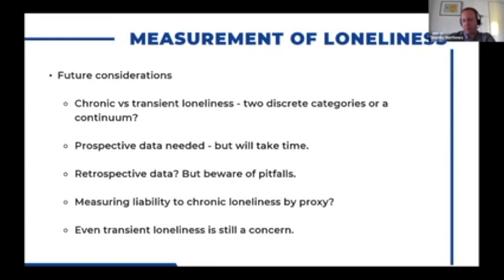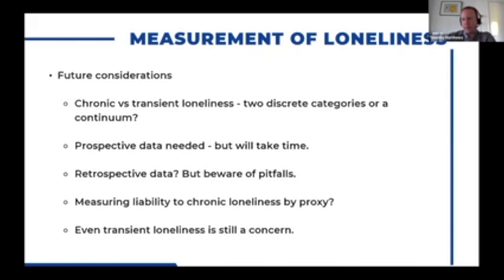And one reason we might want to avoid that is because regardless of where we draw that threshold, loneliness experienced for, say, a month or a year is going to look different from loneliness that's experienced for 10 or 20 years. So maybe we want to think of the duration, or the chronicity, of loneliness as more of a sliding scale rather than a step change that kicks in after X amount of time.